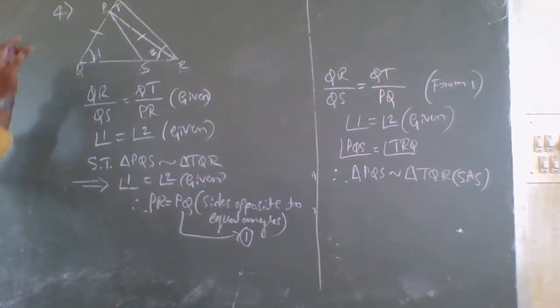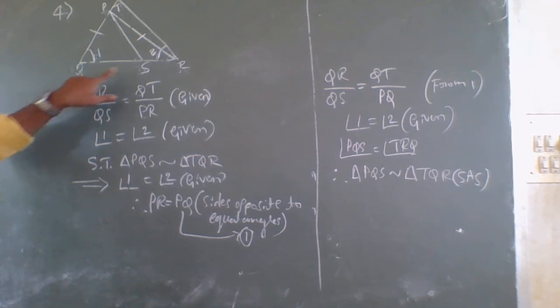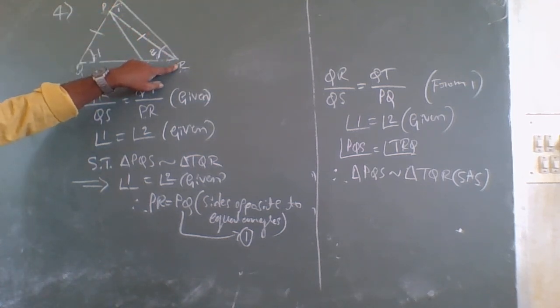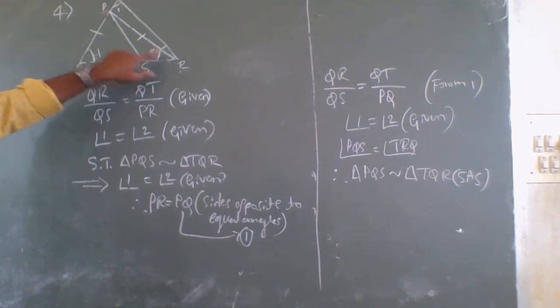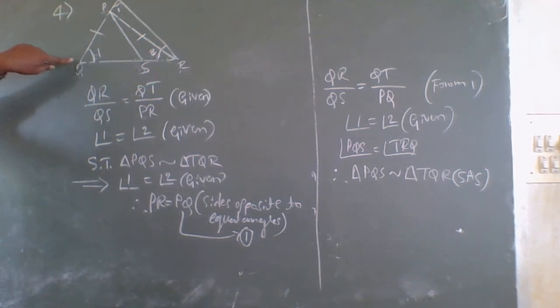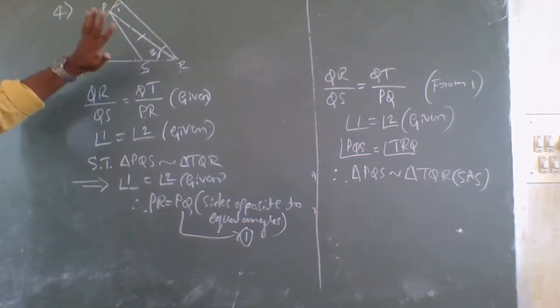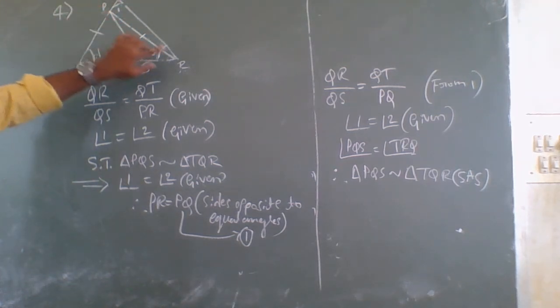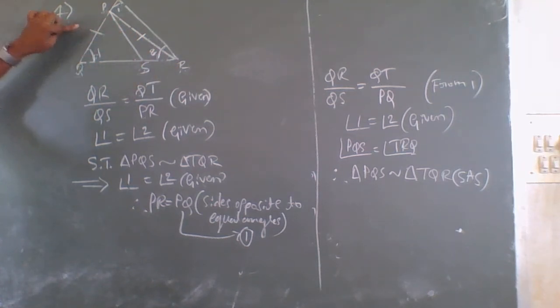Here they are given QR by QS and QT by PR. If they had given PQ directly in the place of PR, then we could write directly that these two triangles are similar, but they are given QT by PR. Therefore, we have to prove that PR is equal to PQ.